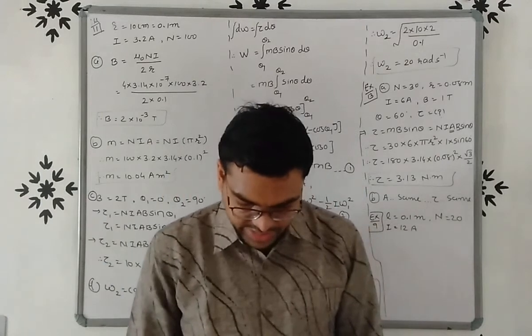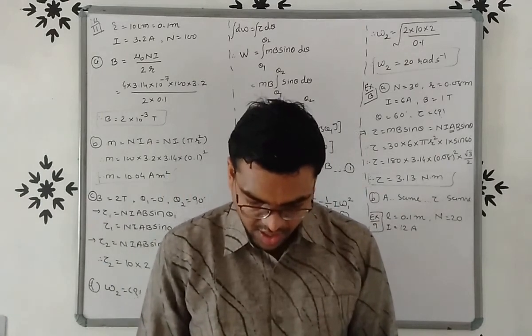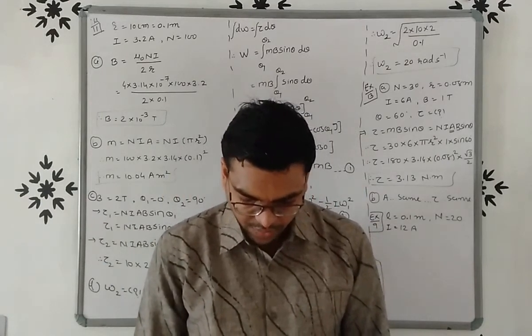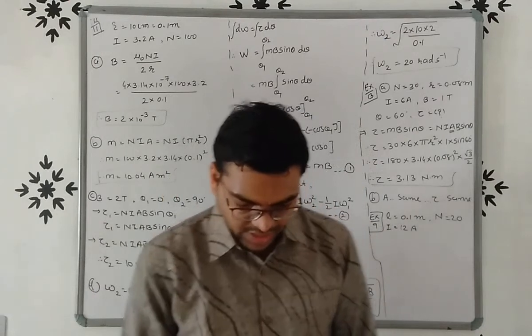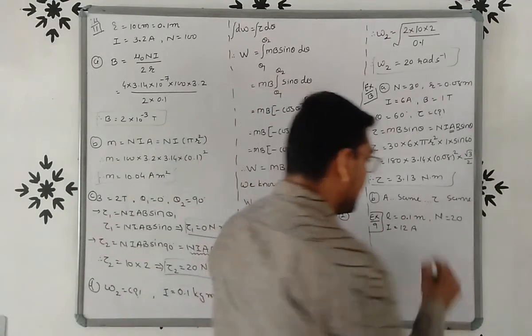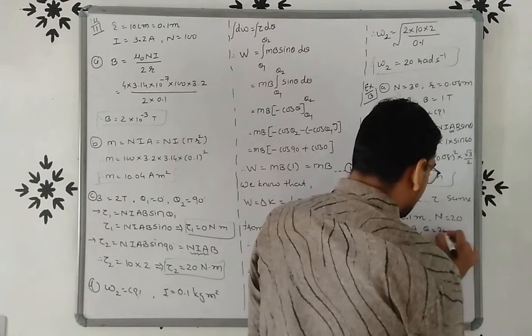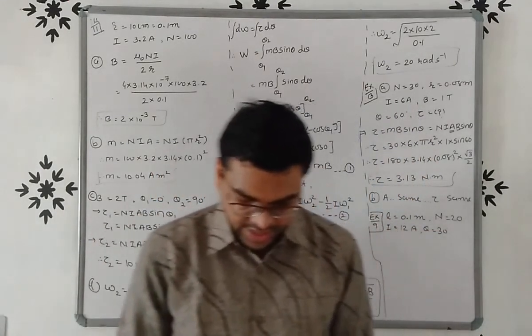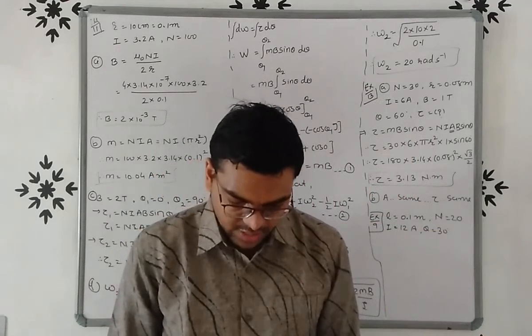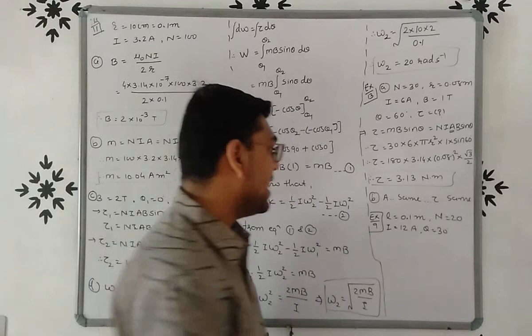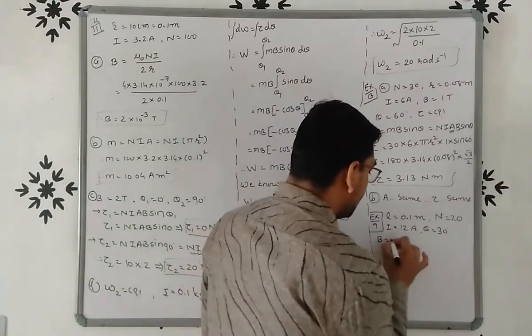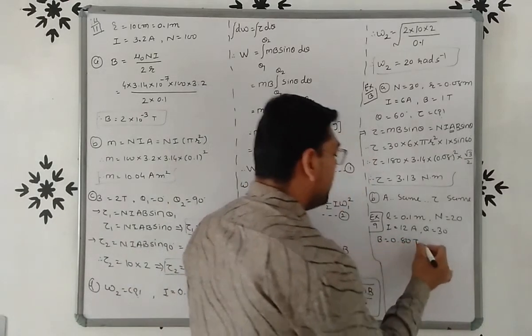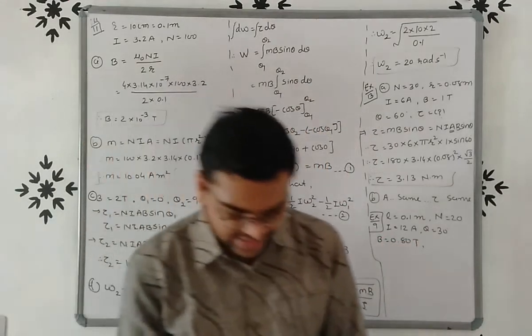The coil is suspended vertically and the normal to the plane of the coil makes an angle of 30 degree. So here theta is given, 30 degree. With the direction of uniform horizontal magnetic field, of magnitude 0.80 Tesla. So magnetic field B is given, the magnitude of magnetic field, that is 0.80 Tesla.